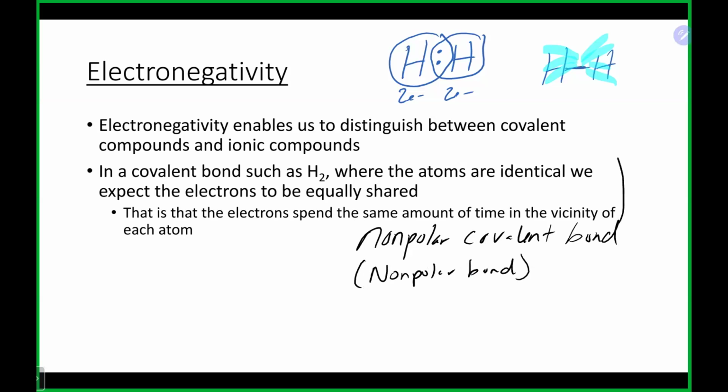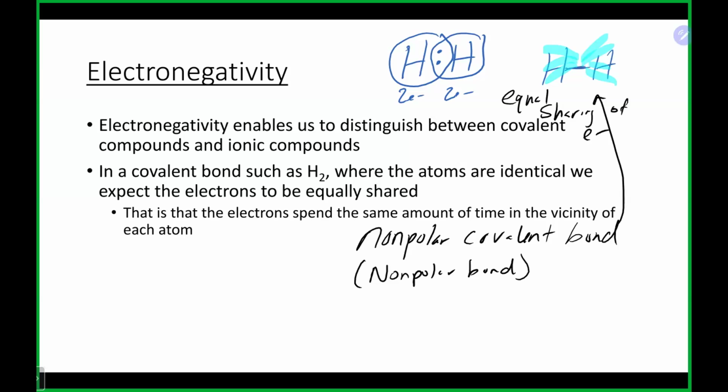And that is where you have a situation like this, where you end up with equal sharing of electrons. So with equal sharing of electrons, you will create this nonpolar covalent bond.